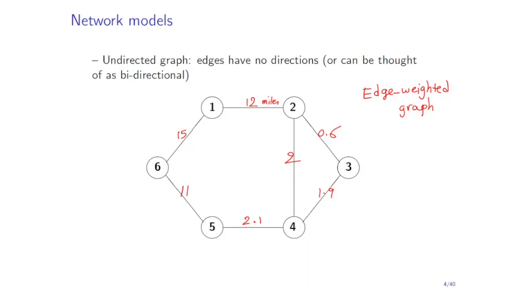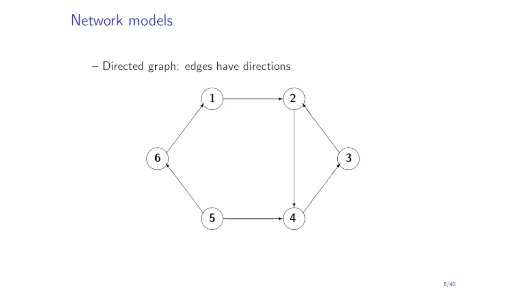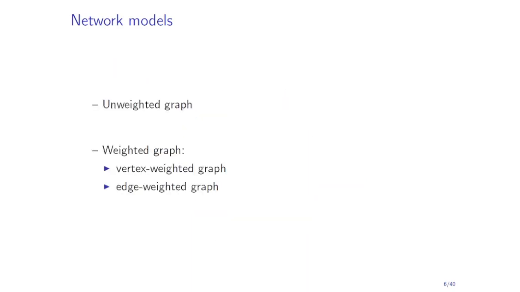So these vertex weights and edge weights add additional information based on the application under study. As I said, one categorization could be undirected versus directed graphs.